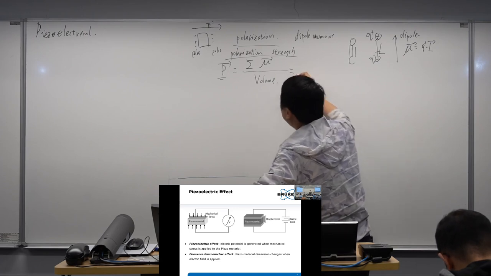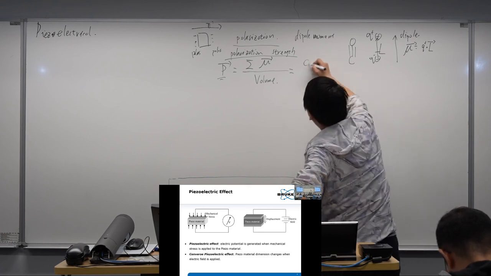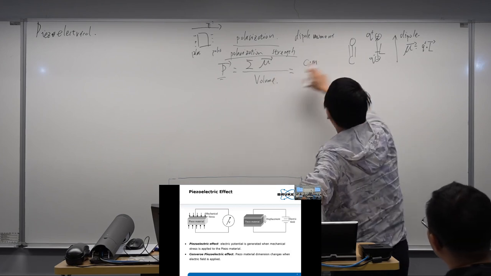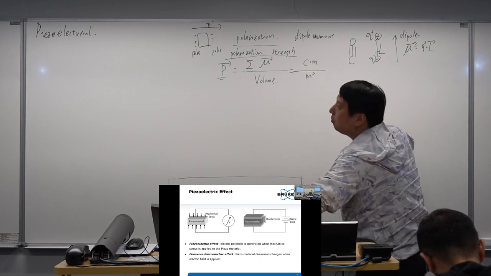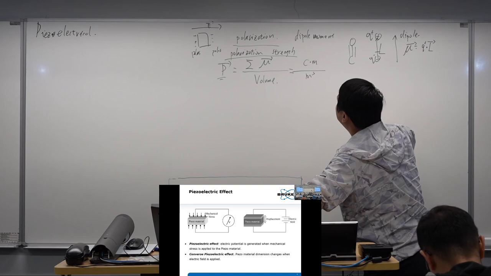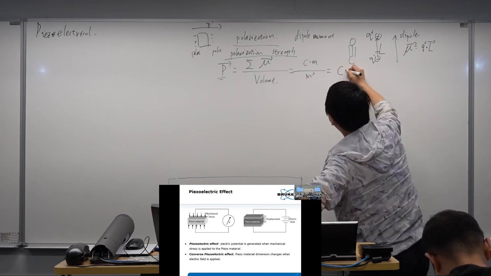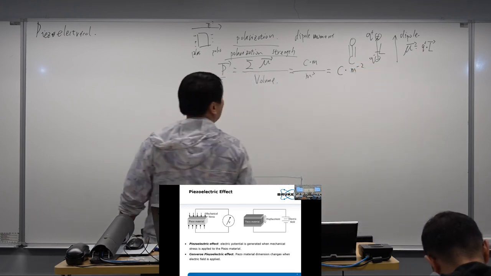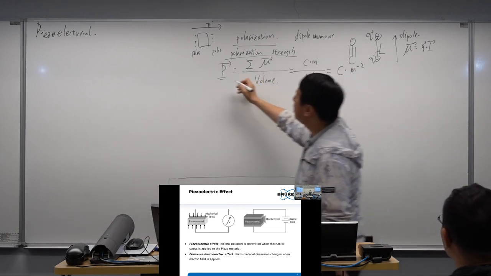Its unit will be coulomb times meter, that's the unit of the dipole moment, divided by meter cubed, so it will be coulombs per meter squared. That's the polarization.